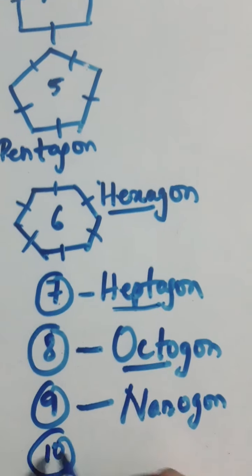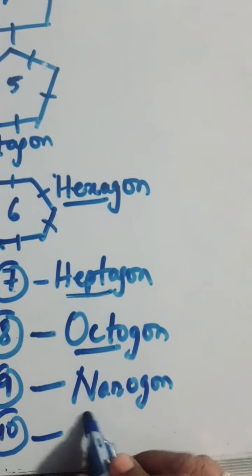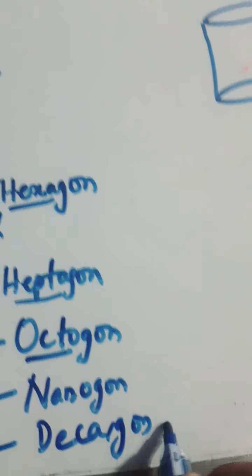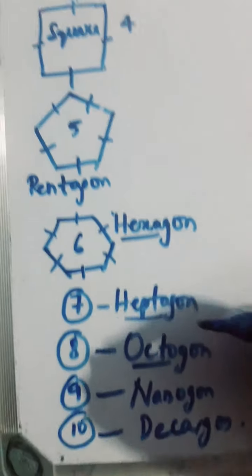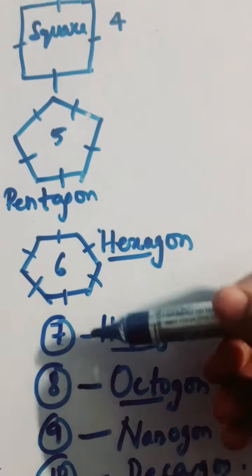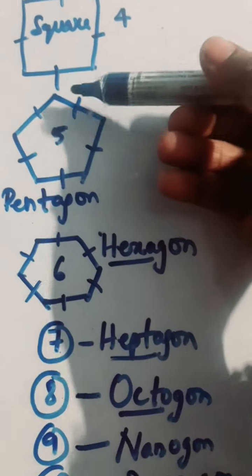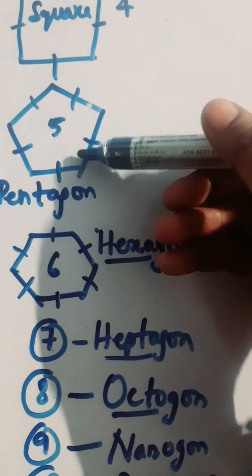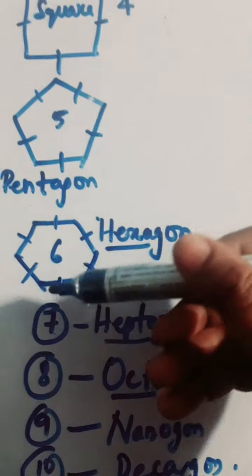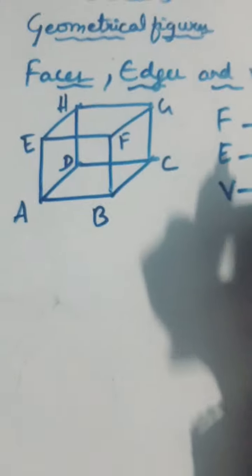If it has 10 equal sides, then it is called a decagon. So these are the regular polygons with equal sides, and different polygons are given different names, children, based on the number of equal sides.